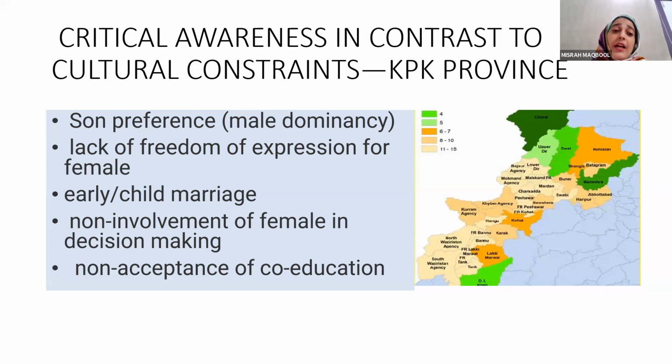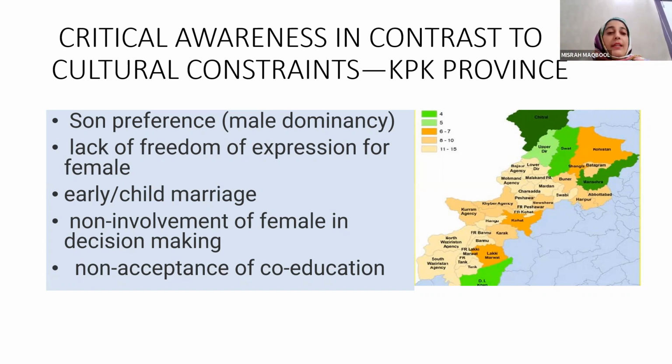These are the factors, I would say, that lead to cultural constraint, especially in Khyber Pakhtunkhwa province, where there is male dominancy, and the male is the dominant part of that land.